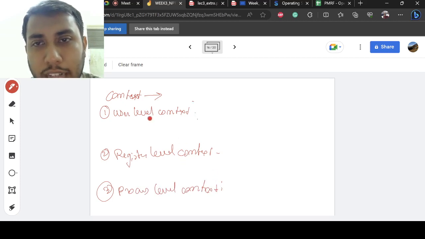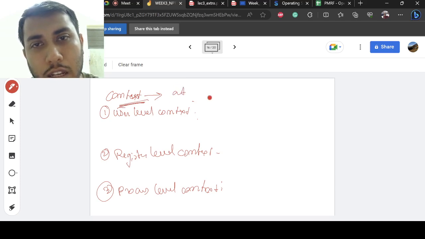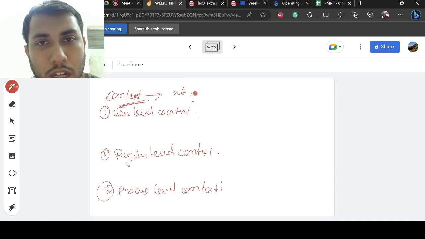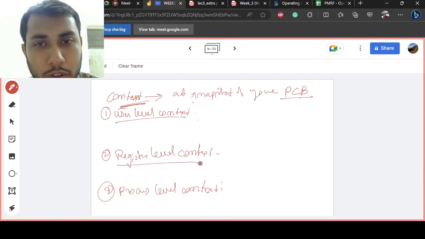Remember, the term context basically means a snapshot of your PCB. So you have your user level context, your register level context, and your process level context.